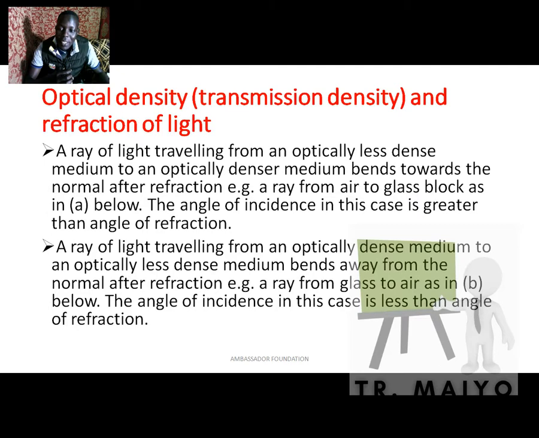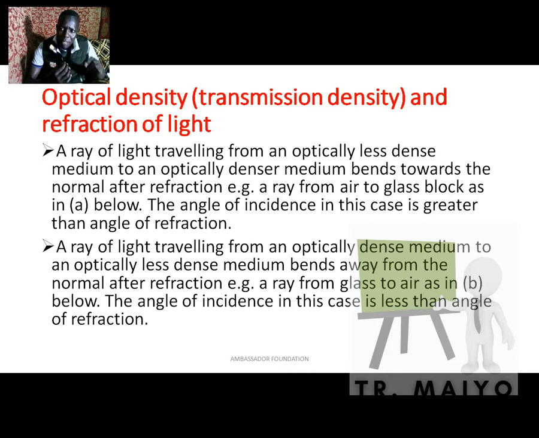Anyway, now there is something called optical density, and I'm going to differentiate between optical density and physical density. You see now, light will pass through media at different velocities. When the medium is denser, it will pass with a very slow speed.